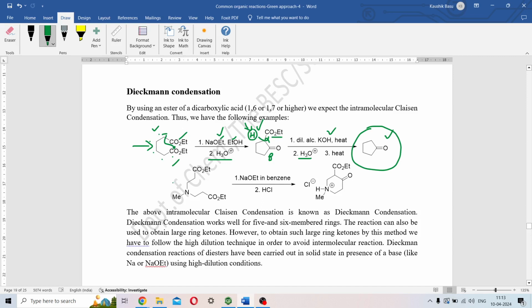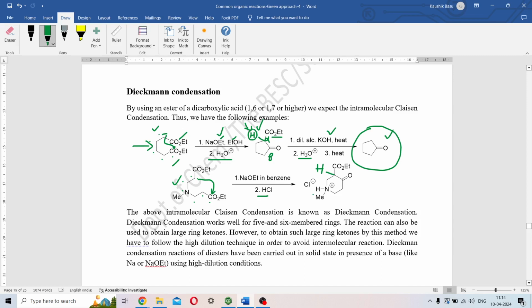Here is another example where a heterocyclic ring has been constructed. So this means that these two CH2 groups are equivalent. We can deprotonate any one of them. Let us deprotonate this one, and this ring closes. This time we are getting a 1, 2, 3, 4, 5 and 6 membered ring, and this is done in sodium ethoxide in benzene and then worked up with HCl, because as you know, this proton would be abstracted after the Dieckmann condensation is over.